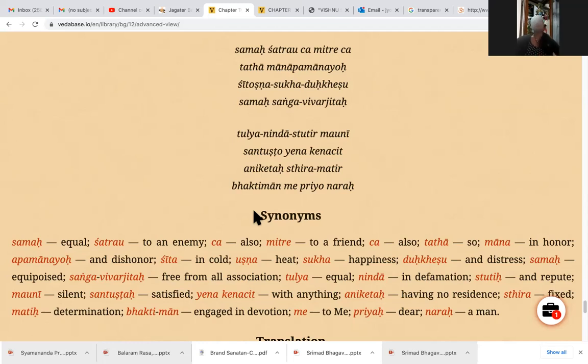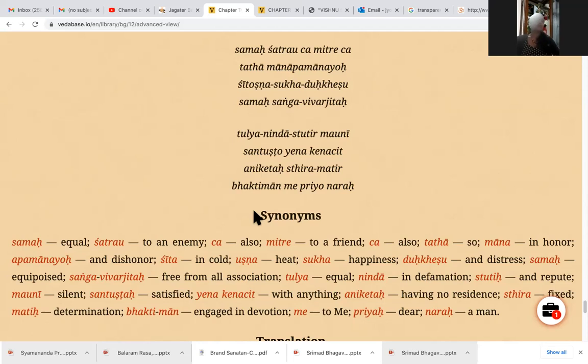Stuti means to sing praises. So ninda is a state of being defamed. Stuti is a state of being well known, well respected, well reputed. And mauna is of course silence. So mauni means to be silent.